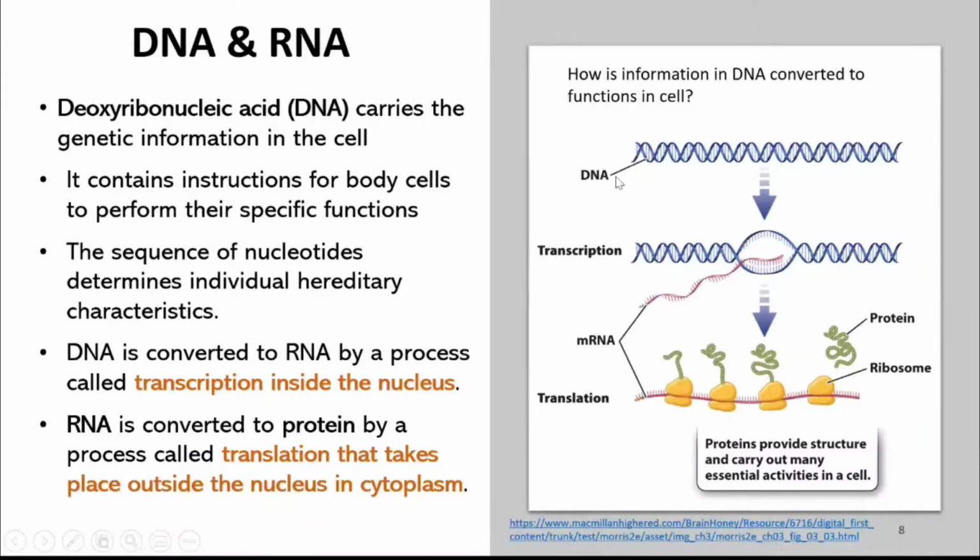DNA is converted to RNA by the method of transcription. And this transcription is a process that is universally present in all organisms. After the DNA is converted to RNA, RNA is converted to protein.